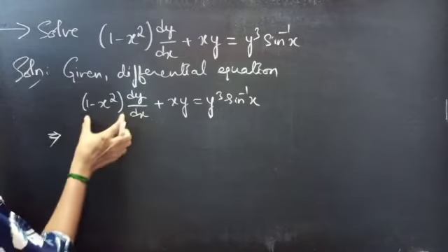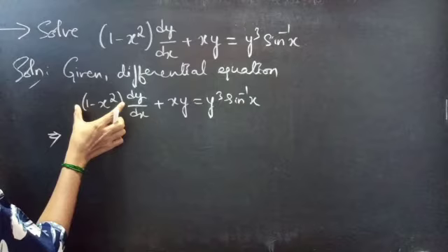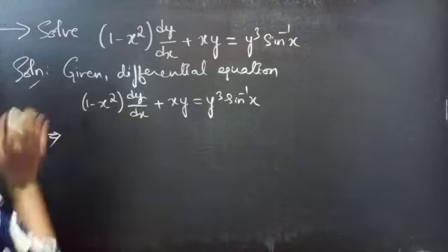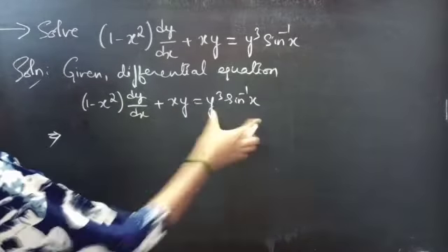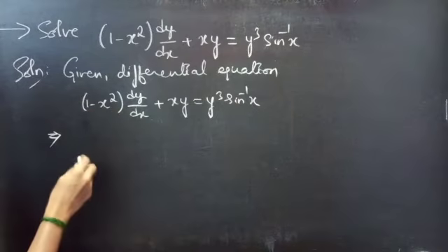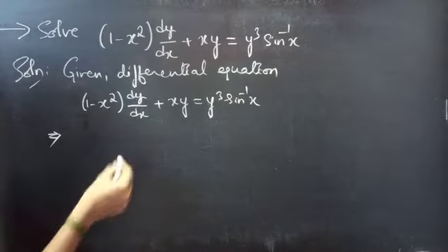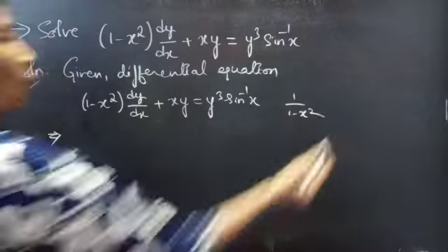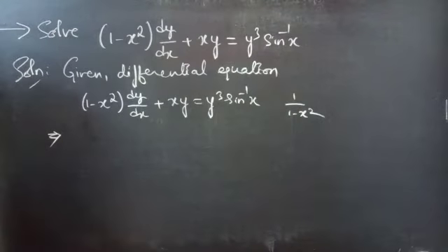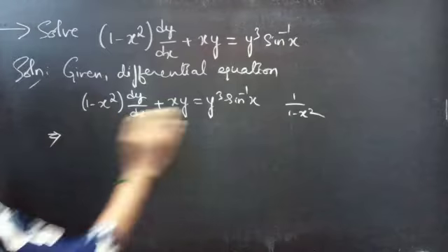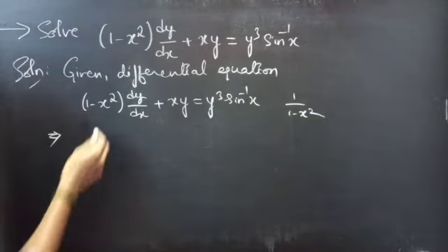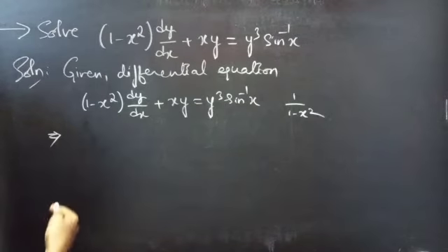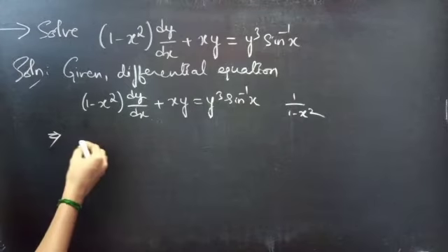Now what we'll do is we'll eliminate this and make the quotient of dy by dx 1 by dividing both sides of the equation with 1 minus x square. Or simply we can multiply both sides of the equation with 1 by 1 minus x square. So let's see how to eliminate 1 minus x square from the first term.